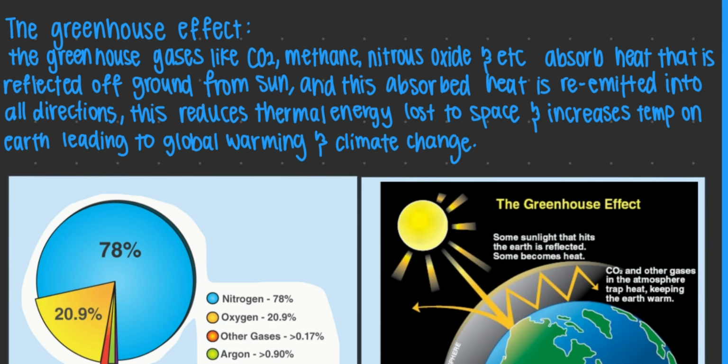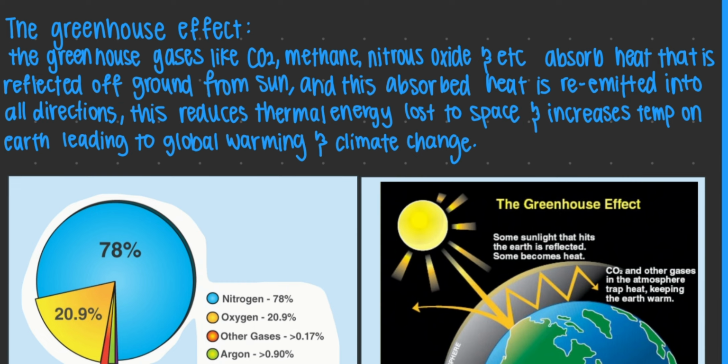Okay, going back to our document, the greenhouse effect. The greenhouse gases like carbon dioxide, methane, nitrous oxide, and so on absorb heat that is reflected off the ground from the sun, and this heat is re-emitted in all directions, which reduces thermal energy lost to space and increases temperature on Earth, leading to global warming and climate change.